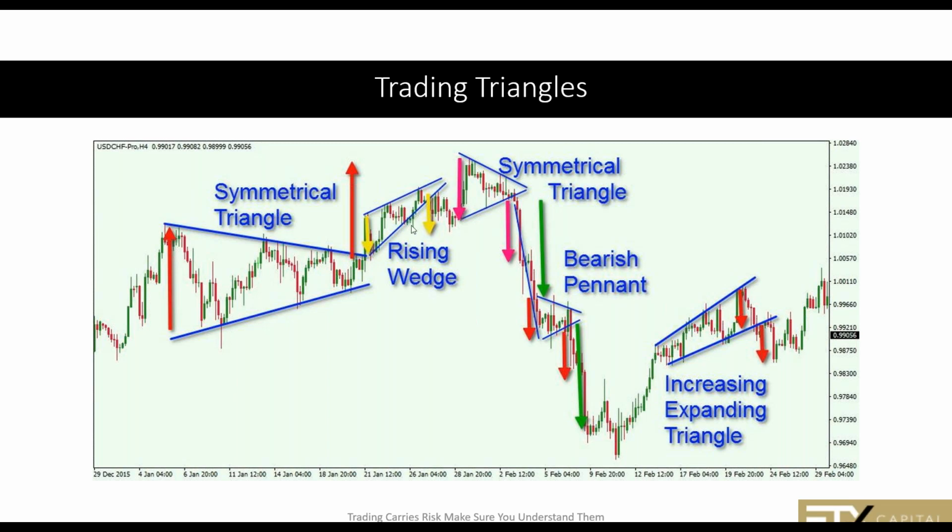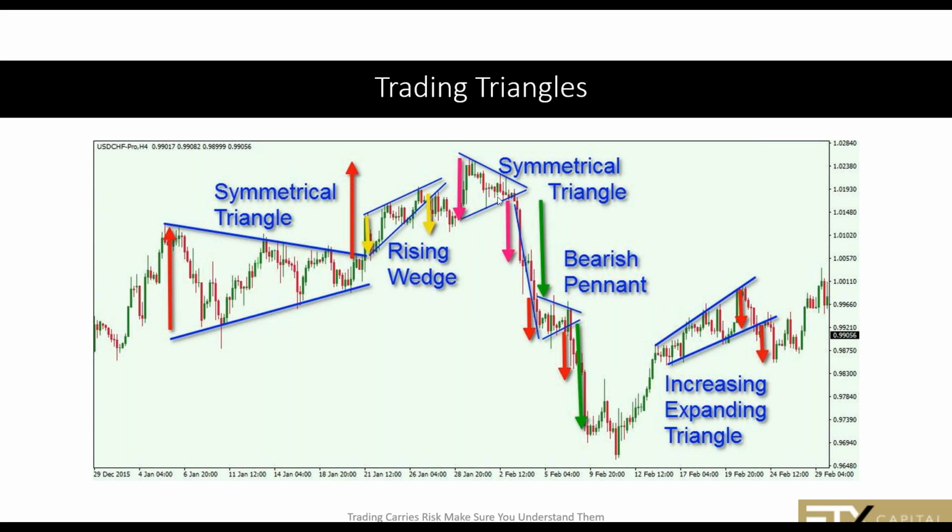So you have a rising wedge, and a wedge is simply the two support and resistance lines moving at slightly different angles. So here we start out with a symmetrical triangle, then we go into a rising wedge, then we have another symmetrical triangle, then we have a bearish pennant, and then we have an expanding triangle, which I don't keep in my toolbox, because I don't find it as a triangle because I don't find where traders are being forced in apex.